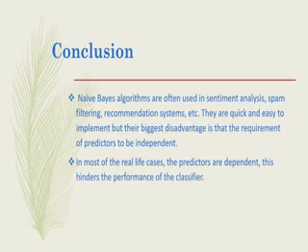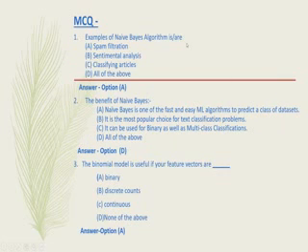Disadvantages of the Naive Bayes model. First disadvantage is Naive Bayes assumes that all predictors or features are independent, which rarely happens in real life. This limits the applicability of this algorithm in real world use cases. Second disadvantage is its estimates can be wrong in some cases, so you should not take its probability outputs very seriously.